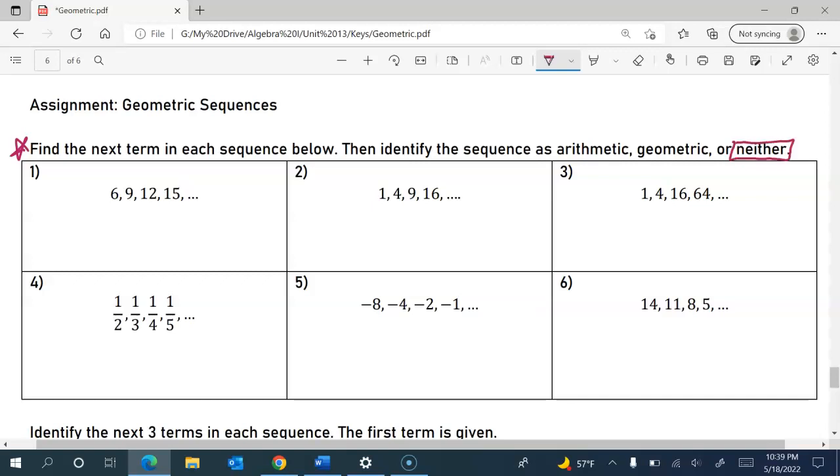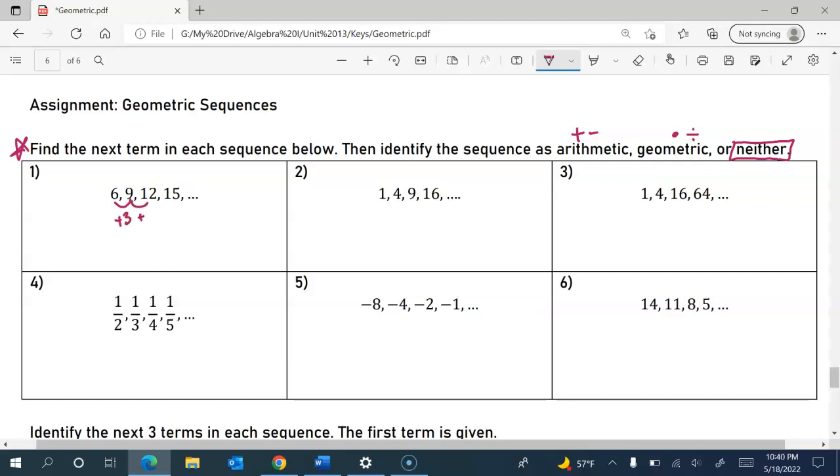So arithmetic is when we're adding or subtracting. Geometric is when we're multiplying or dividing. Remember, if we're dividing, I would like it as a fraction. We're multiplying by a fraction. So from 6 to 9, I would check arithmetic first, because adding seems more plausible than multiplying. We're adding 3 here.